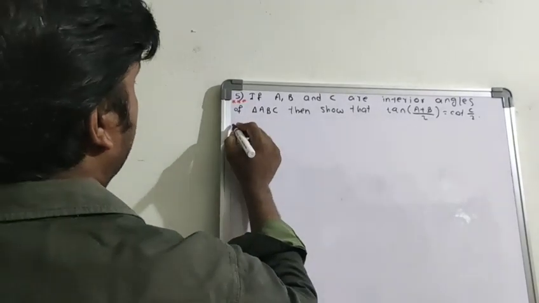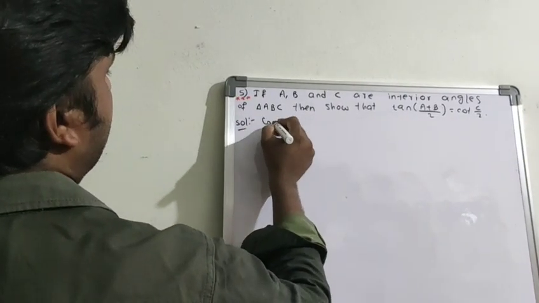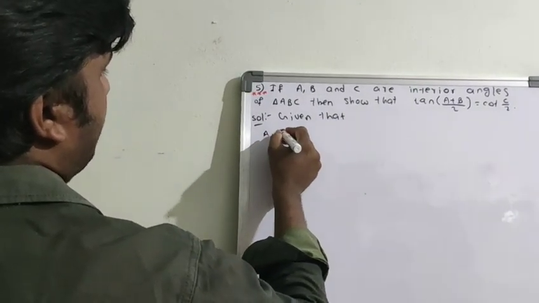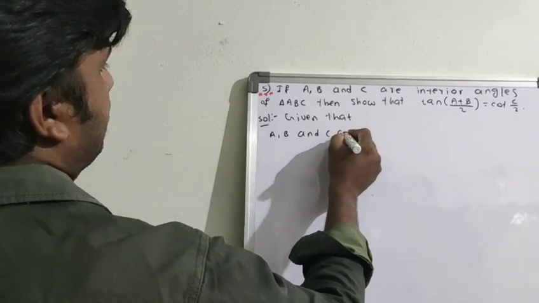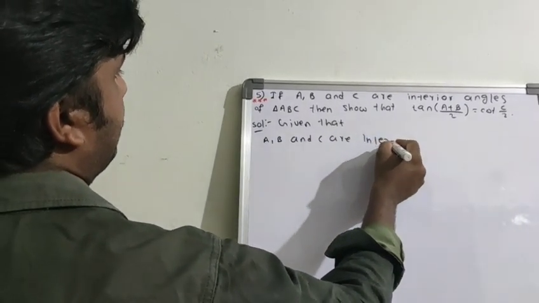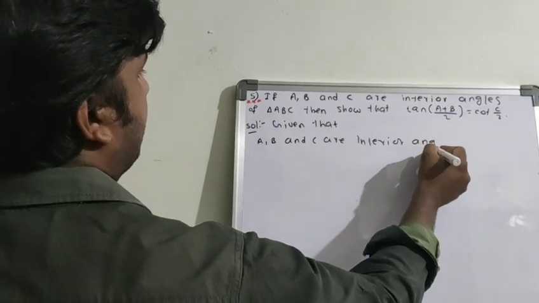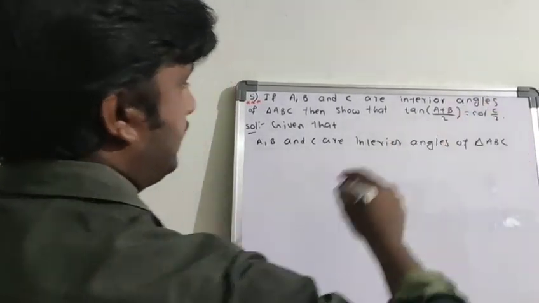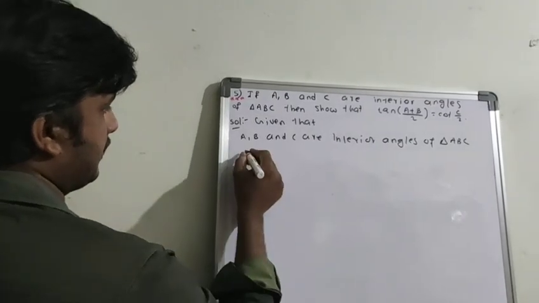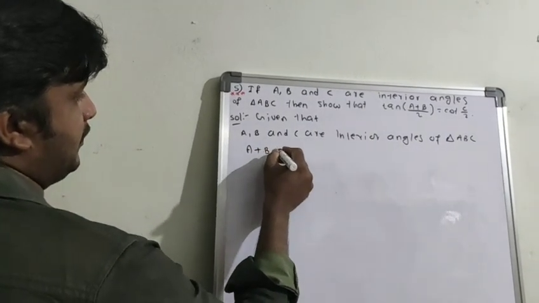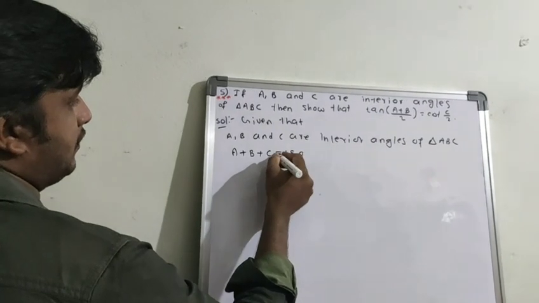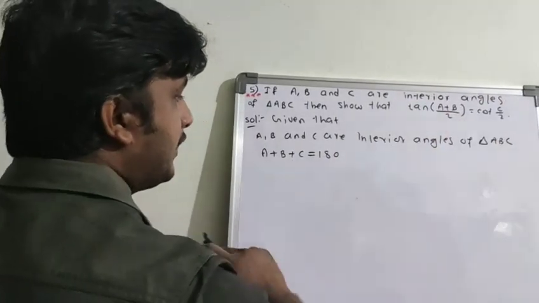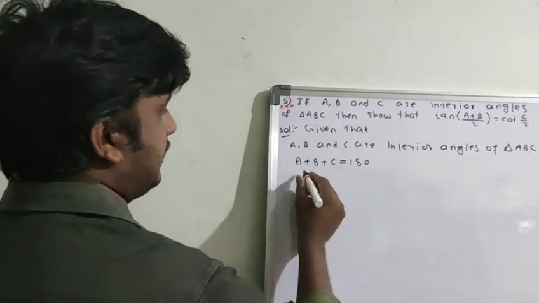So, solution. Given that A, B and C are interior angles of triangle ABC. So from this, A plus B plus C is equal to 180 degrees. I want A plus B, so send C to the other side.